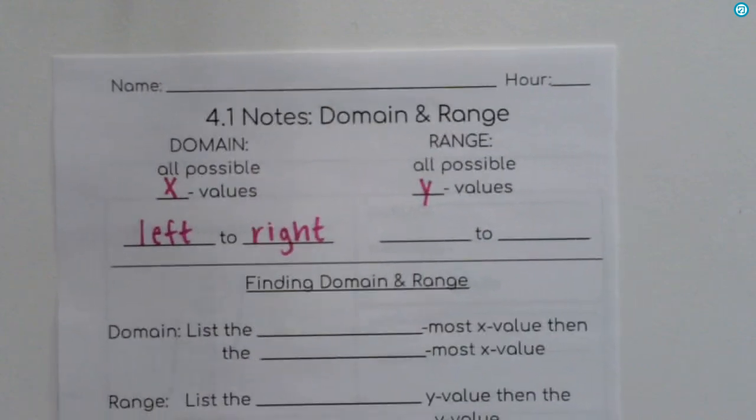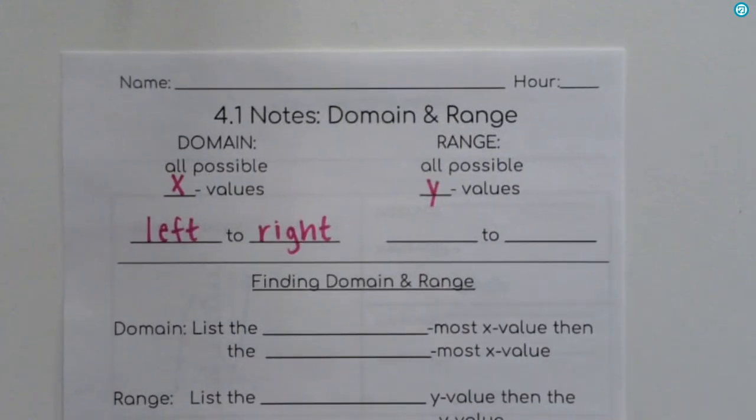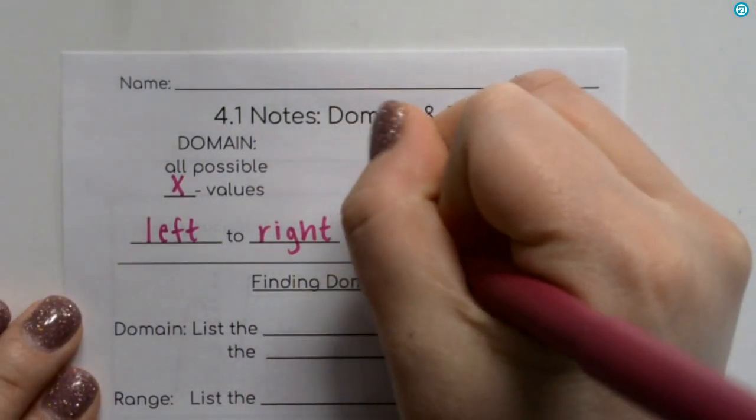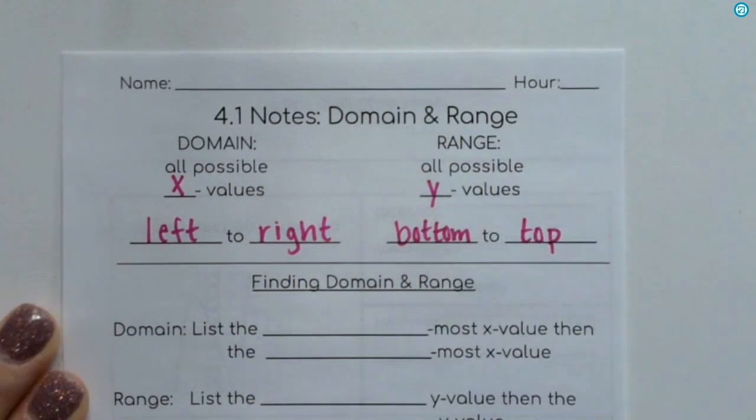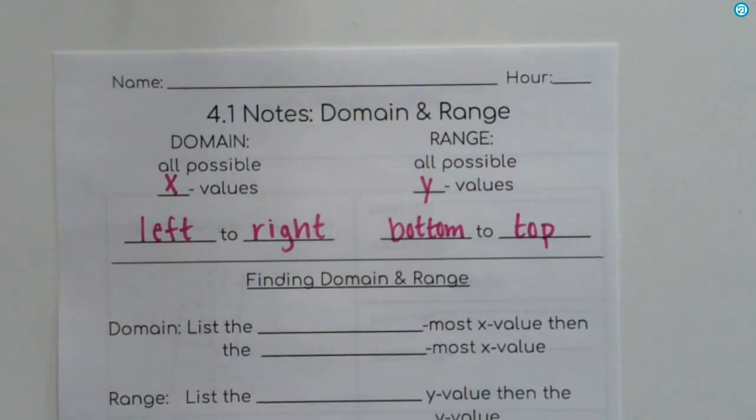So when we look at the range of a function, we are going to be looking at it from bottom to top. So domain is left to right, range is bottom to top.